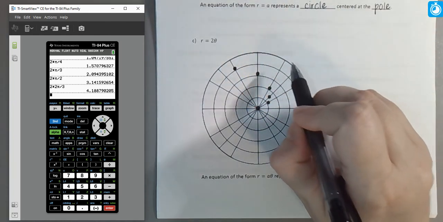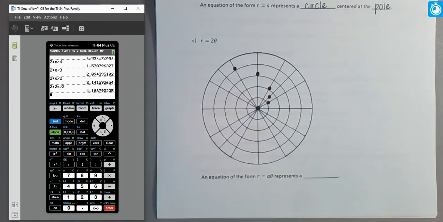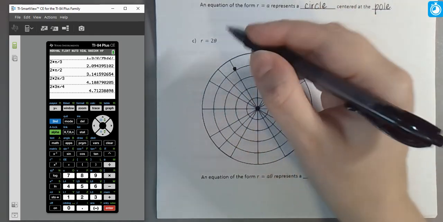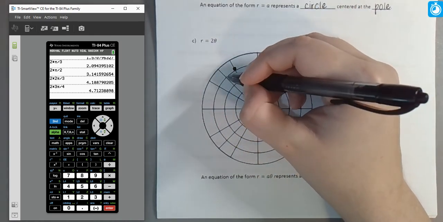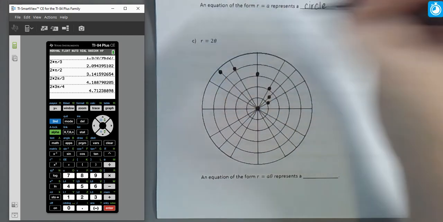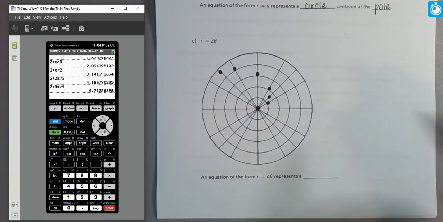If we keep going, get to 3 pi over 4, r is going to be 2 times 3 pi over 4, which is about 4.7. So at 3 pi over 4 radians, we're really close to the fifth circle. So 1, 2, 3, 4, close to 5, about right there. And then if we go to 5 pi over 6, let's see what happens there.